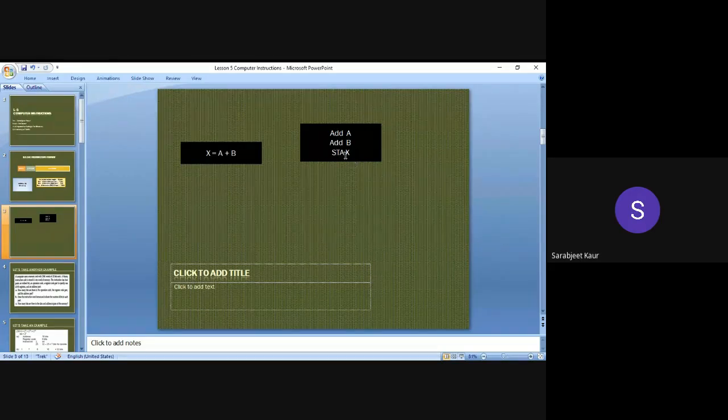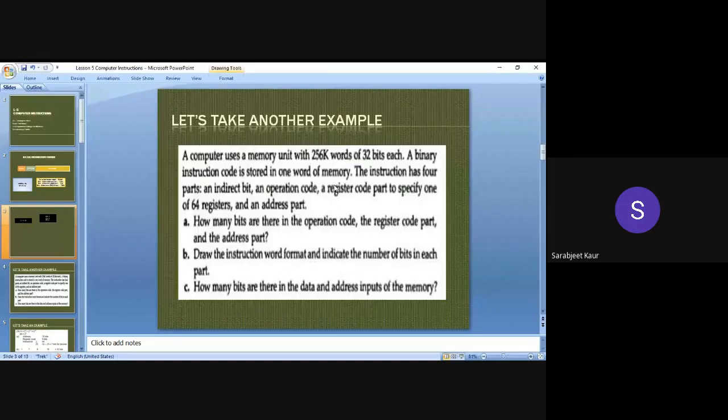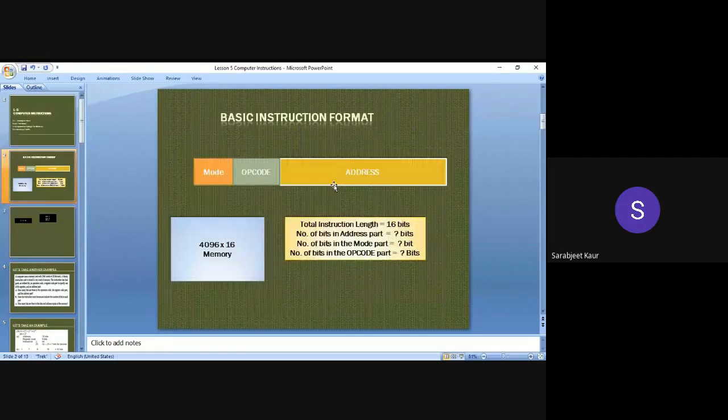Right. So in all these kinds of instructions that you see here, what we are dealing with is generally an opcode, which is, let's say, add in the first case, and the memory operand, which is denoted by A. So this percolates down to a simple format of instruction, which is opcode followed by an address.